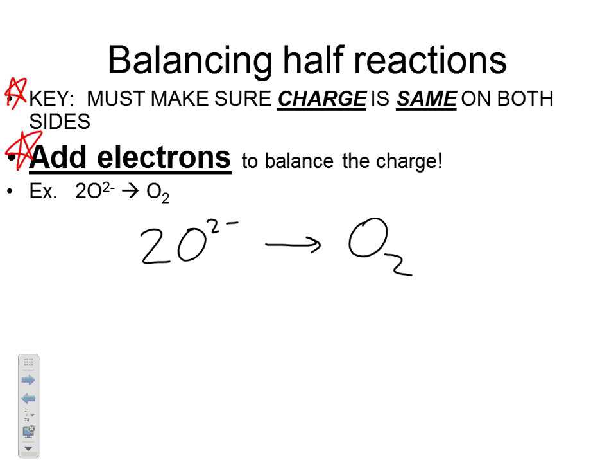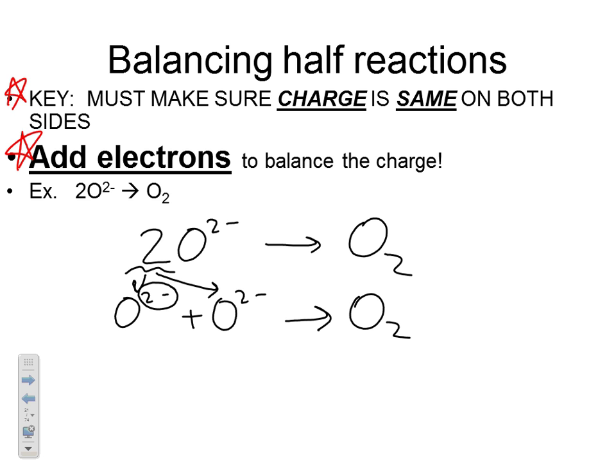So the first thing I'm going to do is work out what is the total charge on both sides of the arrow. So it's a little bit of assigning oxidation numbers, a little bit of looking at this reaction. Now the coefficient does matter. There are two O2-. So that's like saying O2- plus O2- yields the oxygen, right? I think this is a good and important thing to do because then you can see what's the total charge on the left side of the arrow.